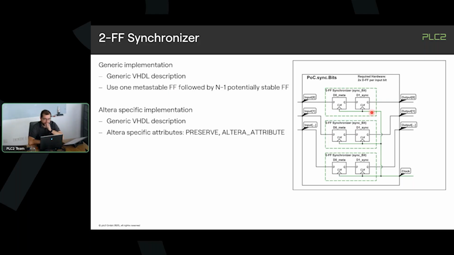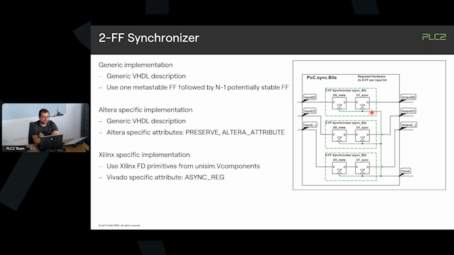And another one is the Altera attribute, which allows us to apply timing constraints from within VHDL code. I will show this on our last slide. And then we also have a Xilinx or AMD specific implementation. This one is directly instantiating FD primitives from unisim.vcomponents, and we are applying the ASYNC_REG property or attribute to the flip-flops.